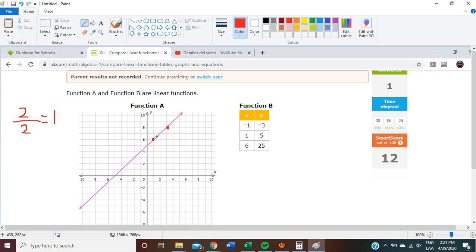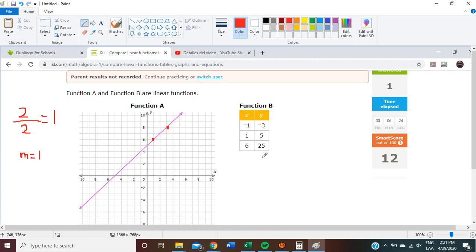Okay, I repeat, from 6 to 8, this is y, it's 2, and from 1 to 3 is 2, so the slope in here is 1. M equals 1.